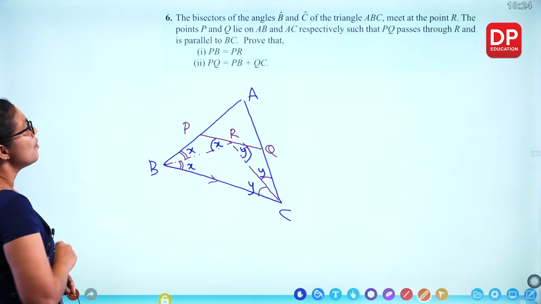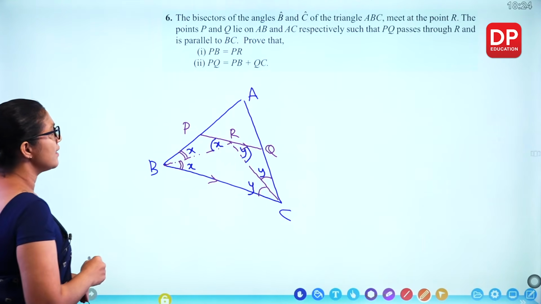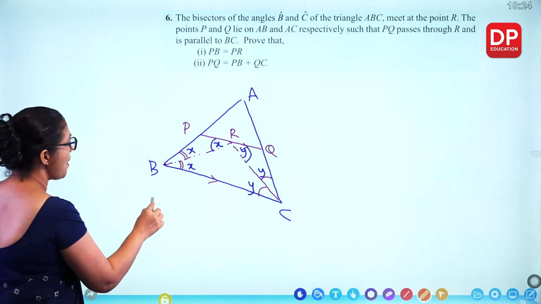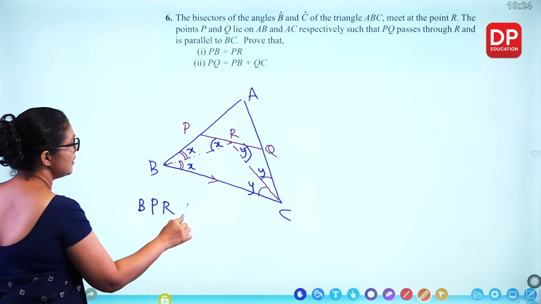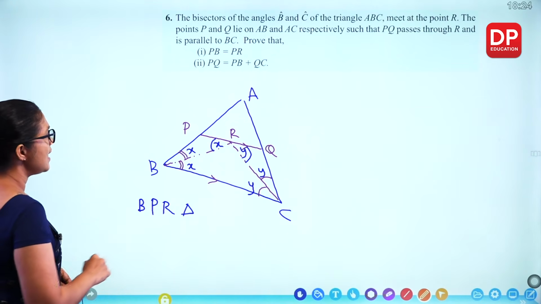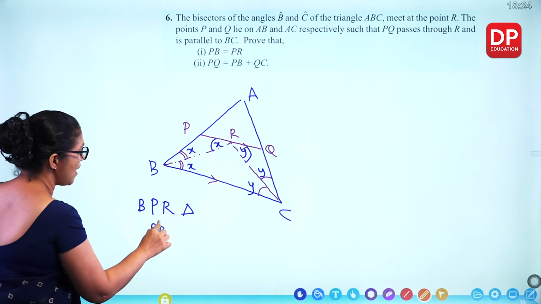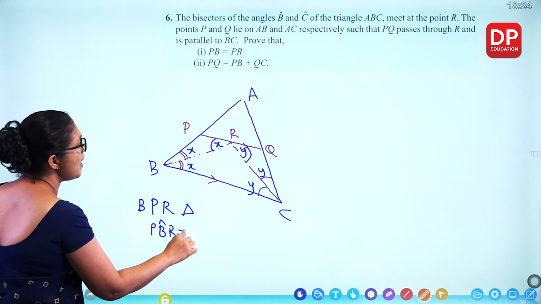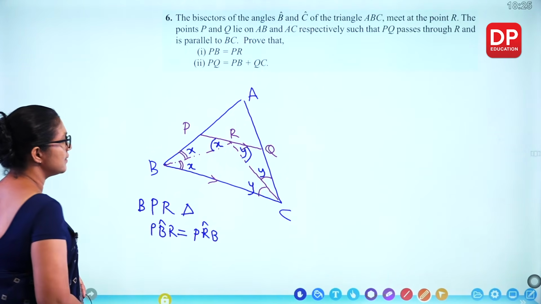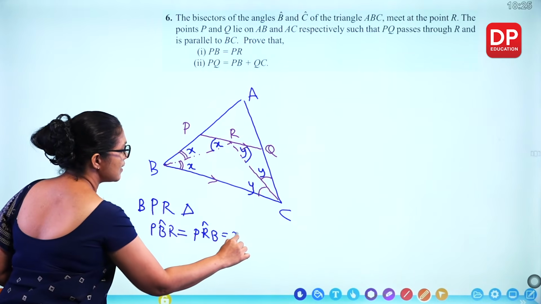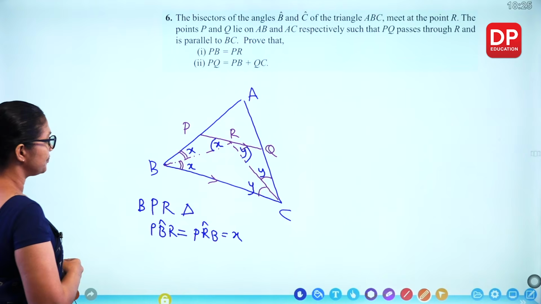Now, to prove the first part, you need to think about this triangle. So, what is that triangle? BPR triangle. So, we can see PBR angle is same as PRB angle. That's X because of these alternate angles.